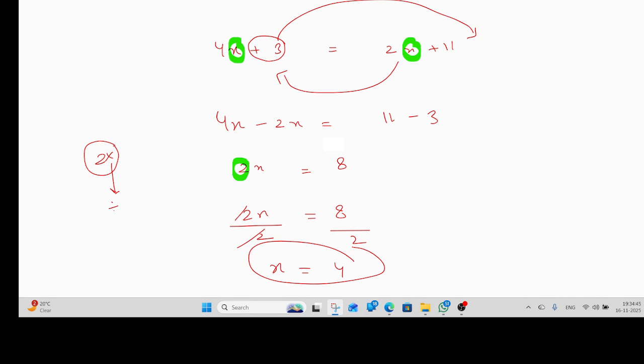Now let's take one more example, with fractions. Let's say x divided by 2 plus 3 is equal to 7. Again, our main focus is to isolate our variable. What is extra here? Plus 3. The opposite of plus 3 is minus 3. Basically, if it is plus we need to do minus, and if it is multiplication we divide.